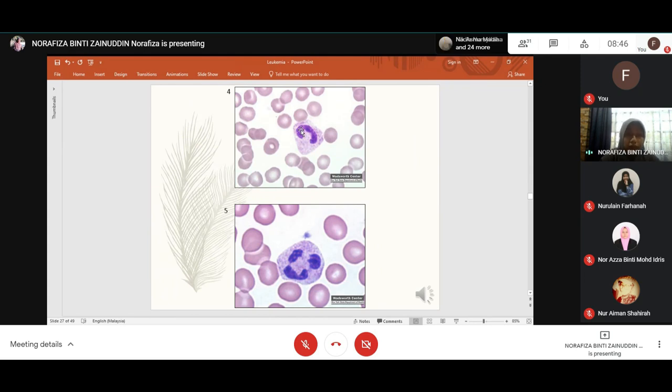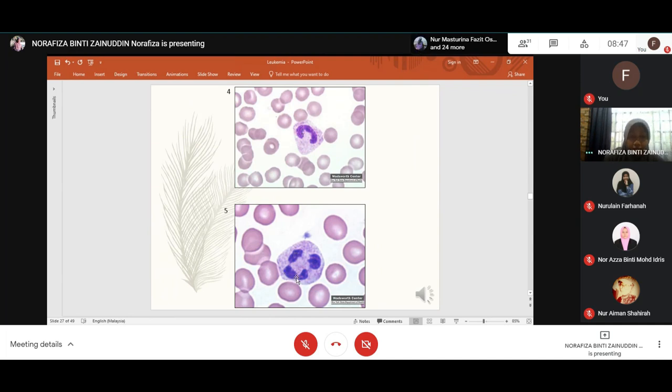You can see that the nucleus forms a U shape, hence the name band neutrophil. The chromatin pattern is coarse, usually clumped, and the cytoplasm is moderate to abundant. There are few non-specific granules and many specific granules.